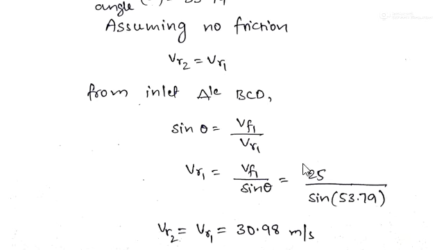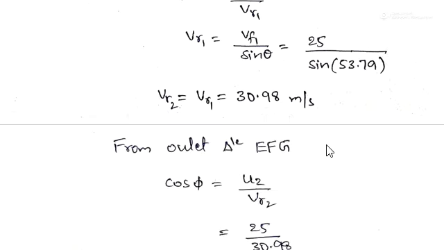VF1 we got in the previous step as 25, and theta is 53.79 degrees, and when you substitute and simplify, we are getting VR1 as 30.98 meters per second. We have assumed the no friction condition, means VR1 is nothing but VR2: relative velocity at entrance is equal to relative velocity at exit. So we got VR2 as 30.98 meters per second.